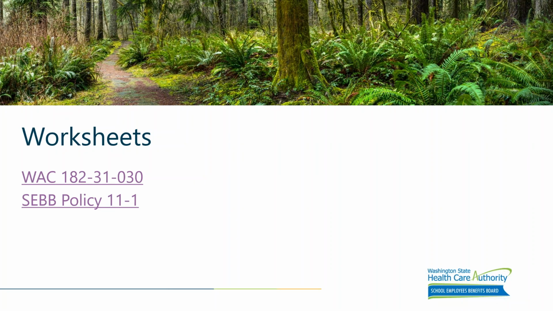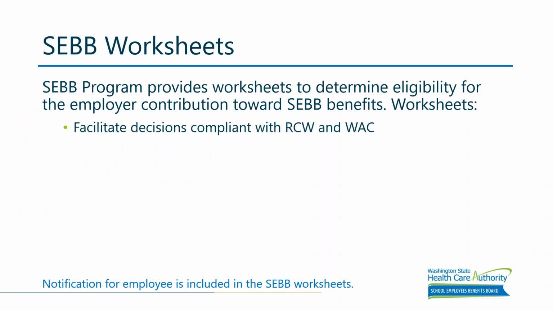So with the worksheets, these are in reference to WAC 182-31030 and also in accordance with SEBB policy 11-1. So this is just reminders. Hopefully you guys have been well familiar with all of the worksheets.